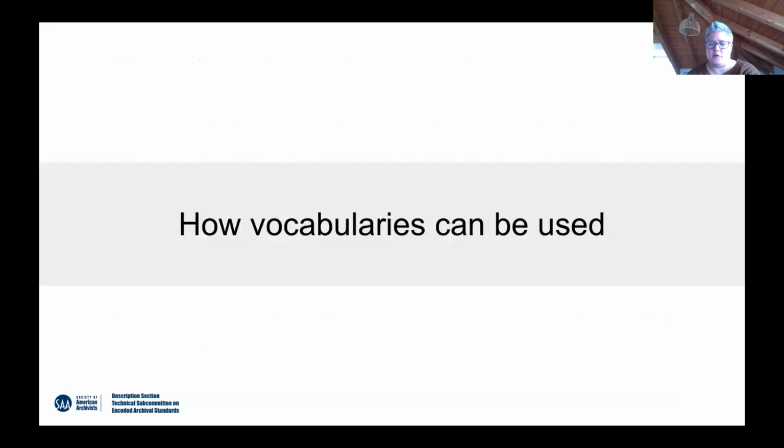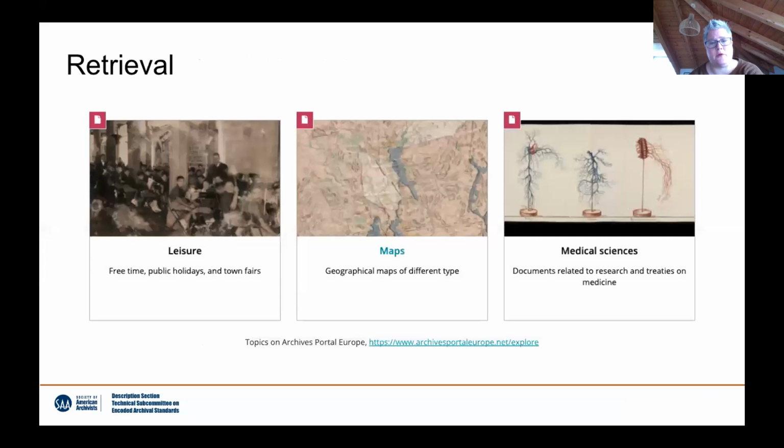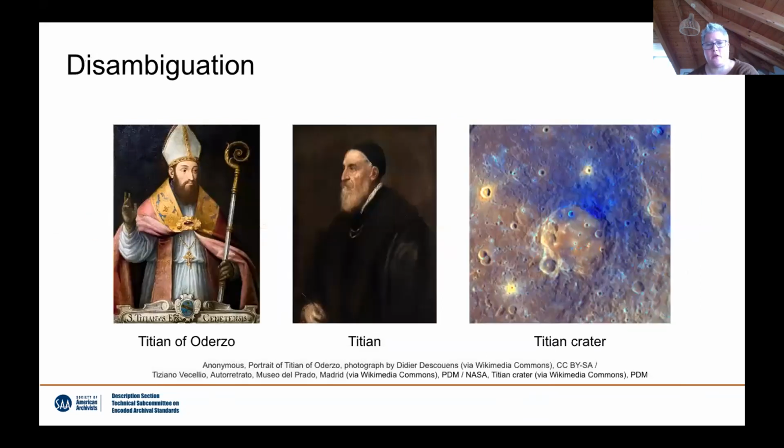How can vocabularies be used? We already talked about retrieval. Here's an example of topics, so subject mappings done in Archives Portal Europe. Disambiguation: if we have the same person or different persons with the same name, or even in this case, a creator on another planet with the same name as an artist, then using vocabularies can help us disambiguate.